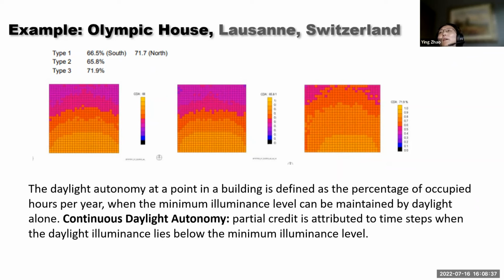For offices, 300 to 500 is a typical range, and a lot of people are good with 300 lux. They did the simulation and found that facade 3 still has the better continuous daylight autonomy. So for both energy and daylight, it is better than the other options.